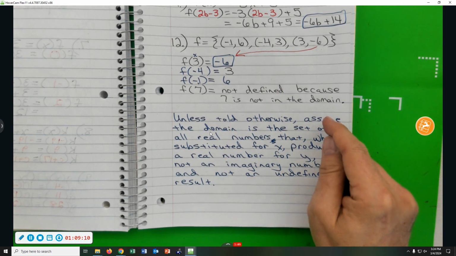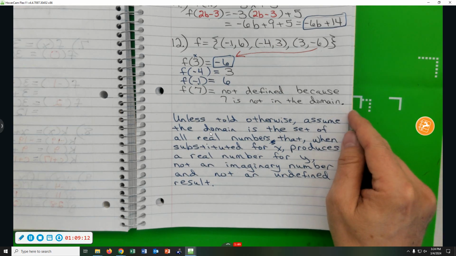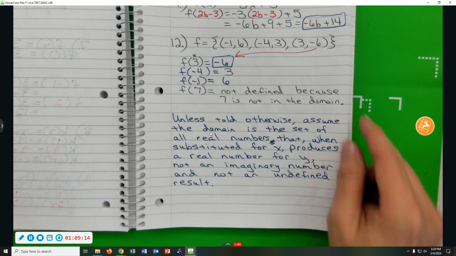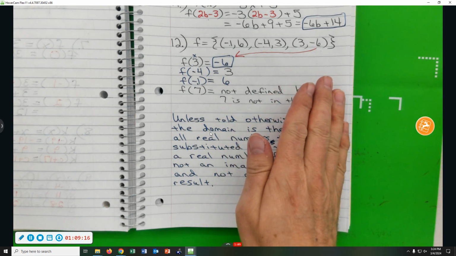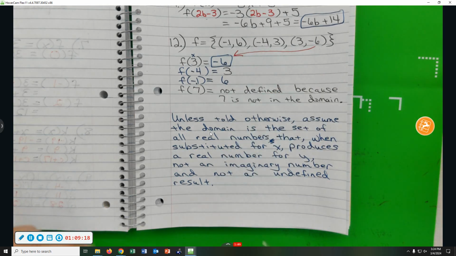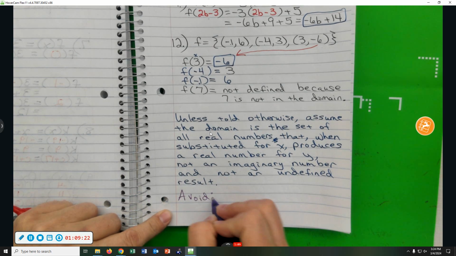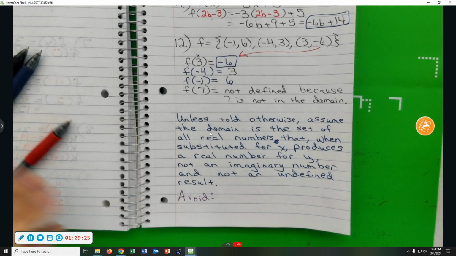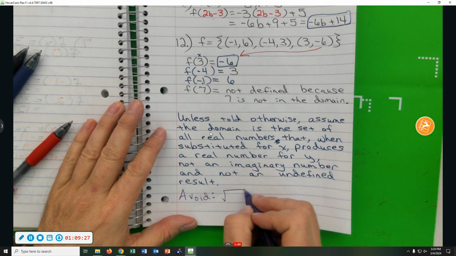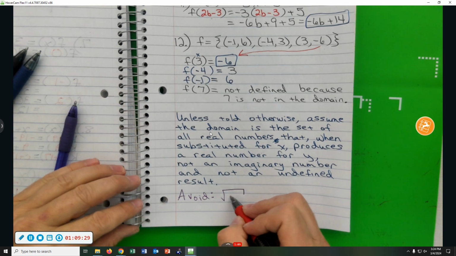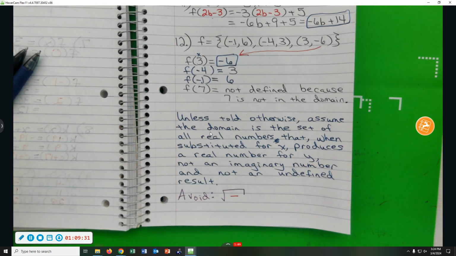If you're going to produce an imaginary number, you have to have a square root appearing so that you plug in the negative number underneath it and you wind up with an i. So you have to avoid the square root of a negative number.